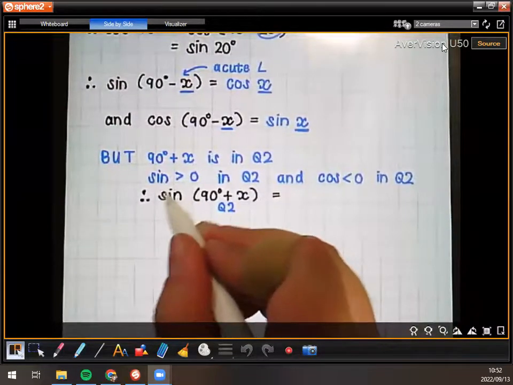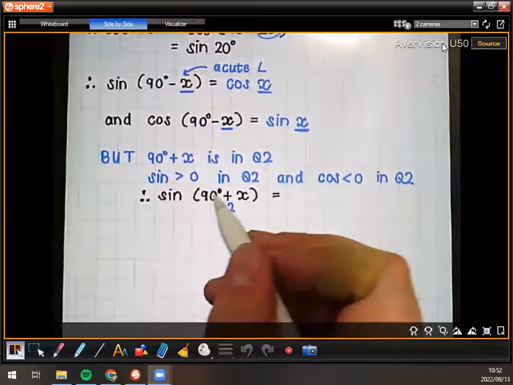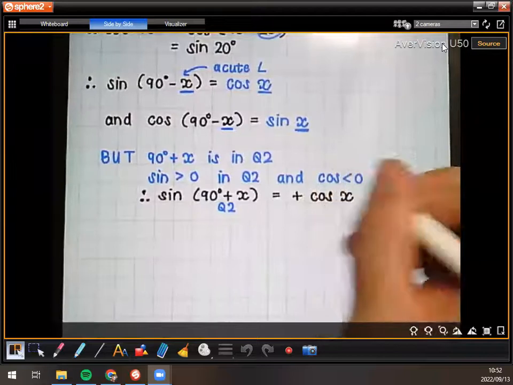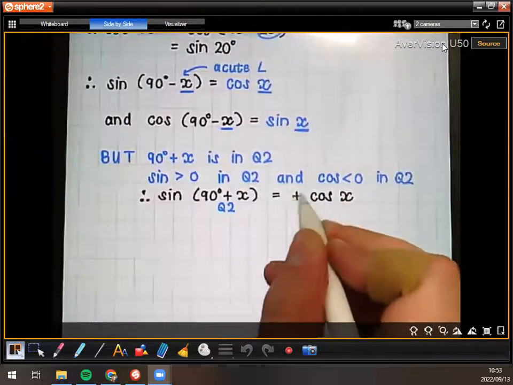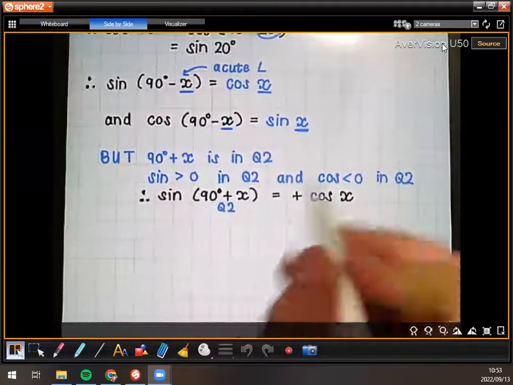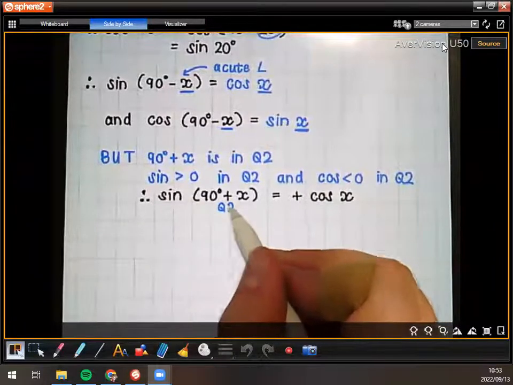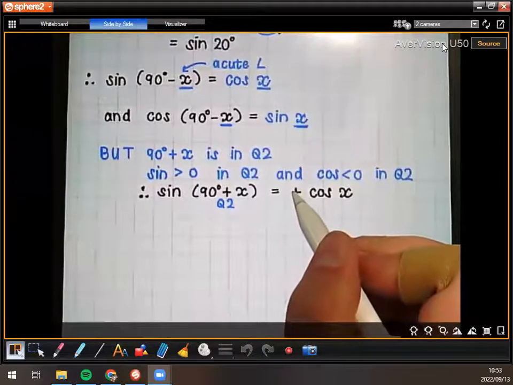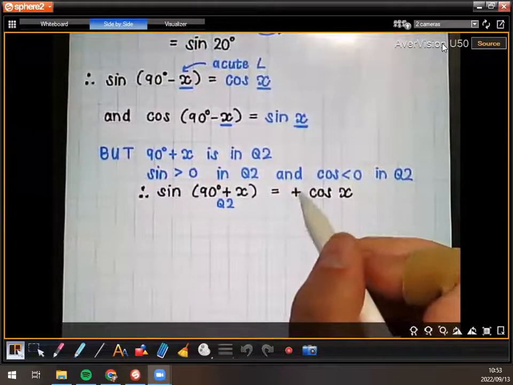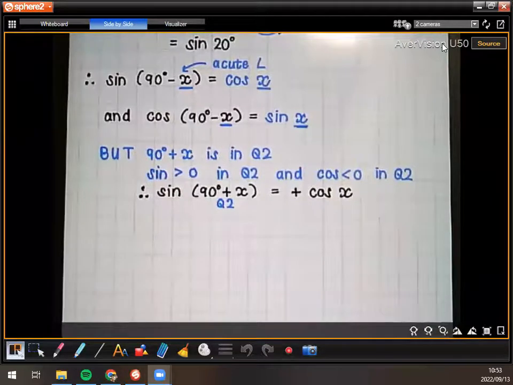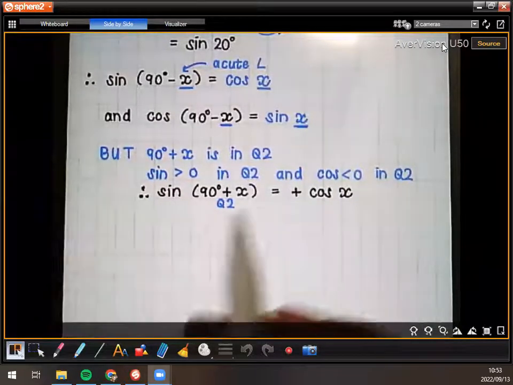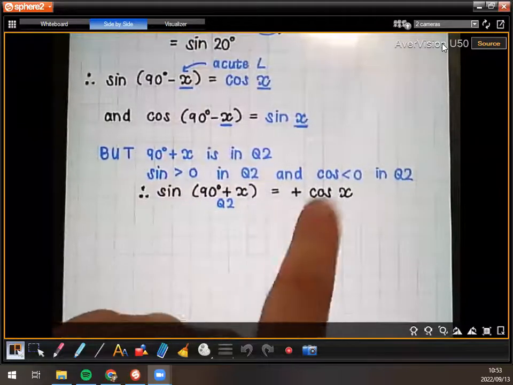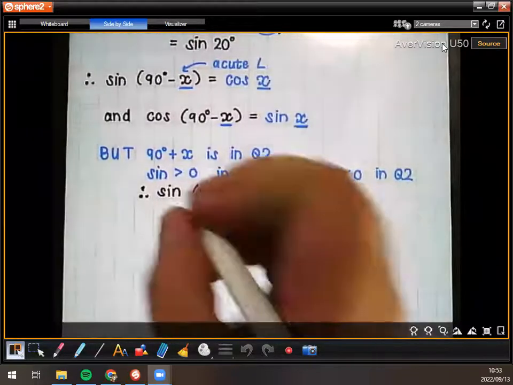What does I change sine to now when there's a 90? Cos. So this is going to become positive cos of x. I'm putting that plus there. You don't usually do that, right? I'm just trying to indicate that because sine is positive in the second quadrant, when you change it to cos, it stays positive. Even though cos is not positive, right? So it's a bit confusing, right? But you always look at what is sine in the second quadrant. It's positive, so I change it to positive.